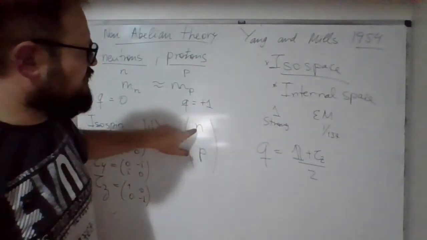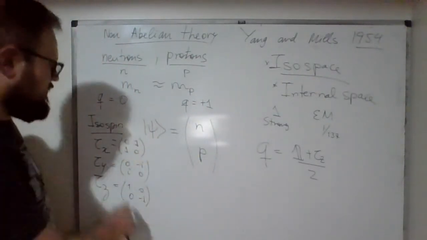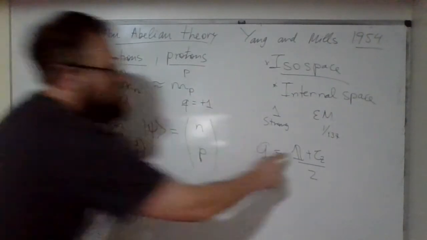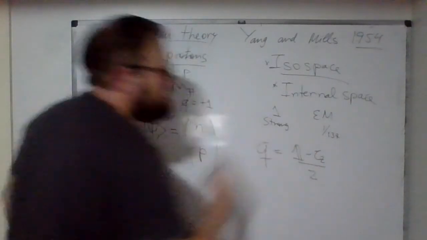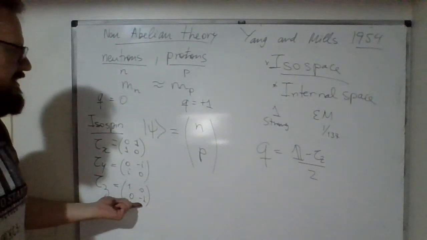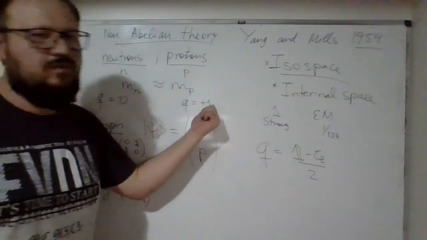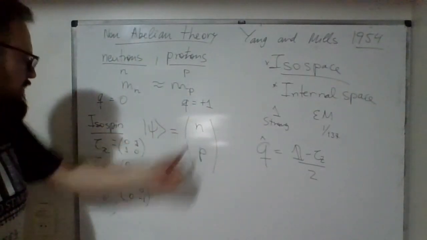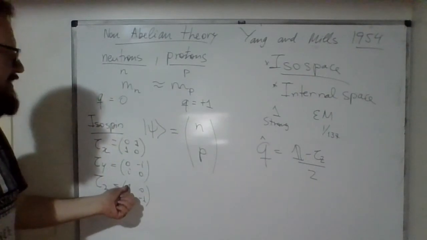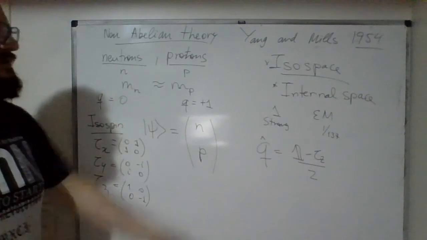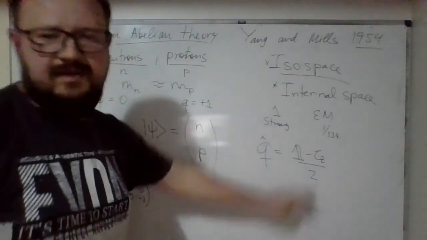If you have a neutron, the eigenvalue of this tau z matrix is minus 1, so the charge will be 0. It's a charge operator. The charge operator is defined that way, one plus or minus tau z over 2, depending on the ordering.